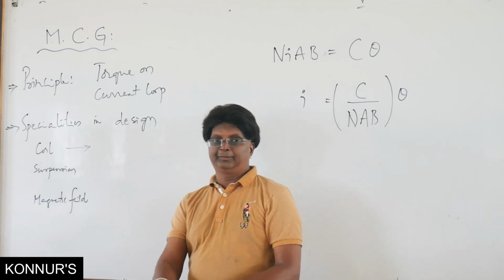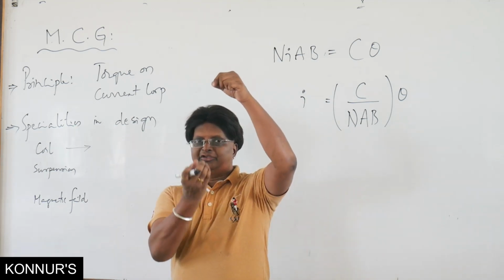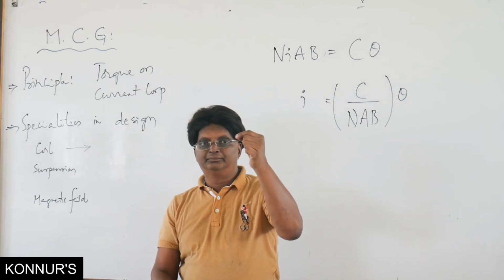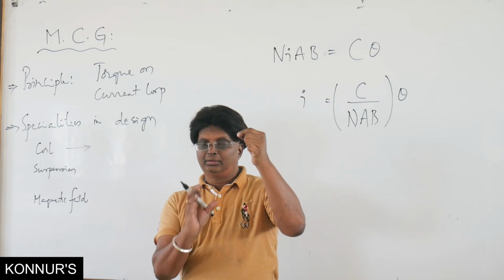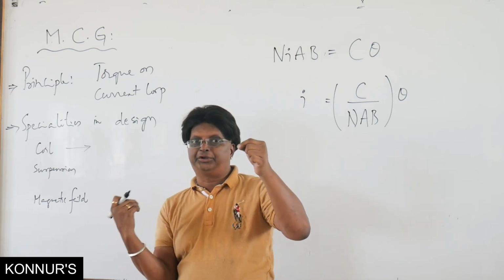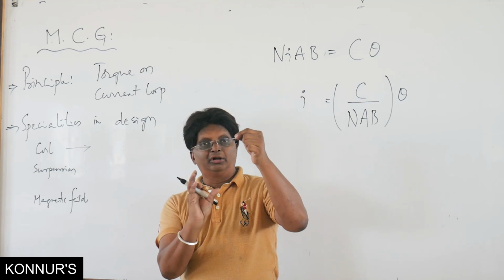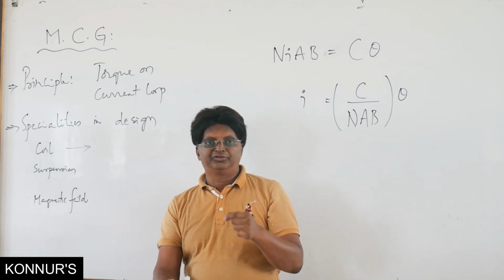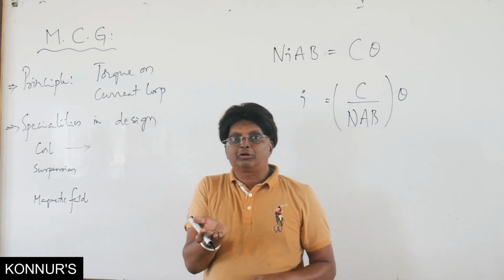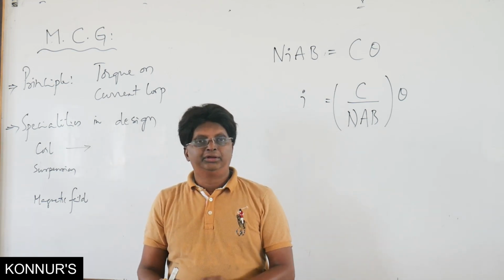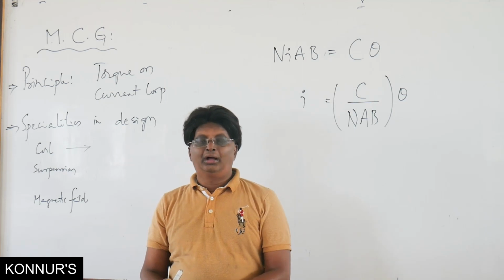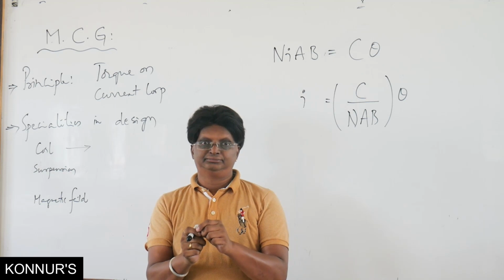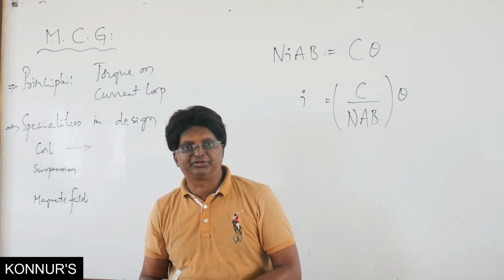Now regarding suspension. See, the coil is suspended from a rigid support such that now this coil will actually deflect due to the torque. Tau equal to NIAB will cause a deflection. Therefore now the suspension wire should withstand load of the coil, because coil is a bit heavier. It has to withstand load of the coil, and also due to deflection the suspension will get a twist because of action-reaction nature.